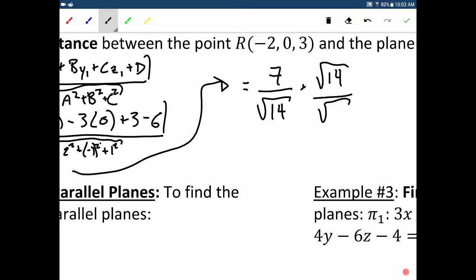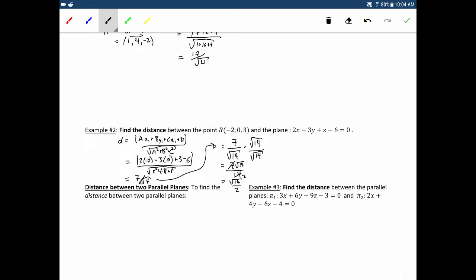So anyway, we get 14 like that, which gives us 7 root 14 over 14, and so we're just left with root 14 over 2, and that's our final answer.